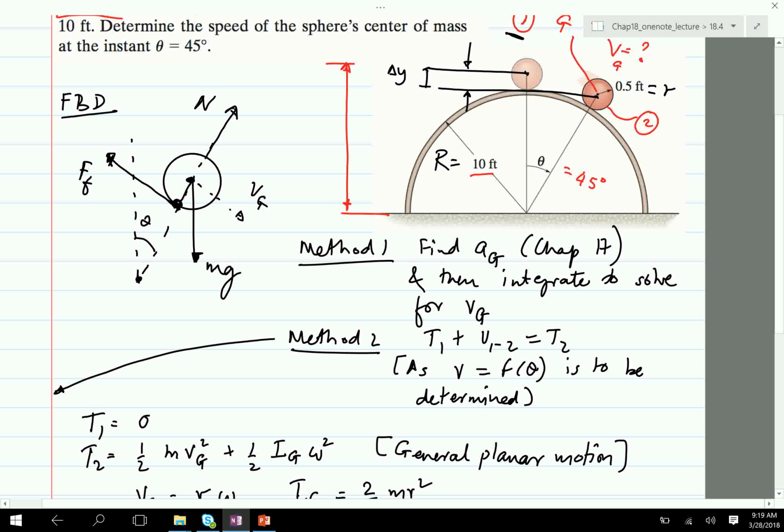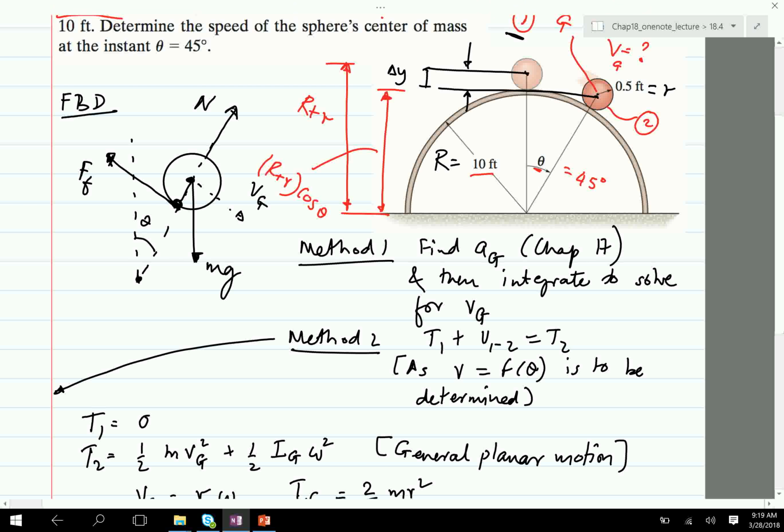What's that height? Yeah, so it's R plus small r, right? And what's this height? It's going to be very similar. It's going to be R plus small r times cosine of theta, because this is theta. So delta y is going to be R plus r minus (R plus r) cosine theta.